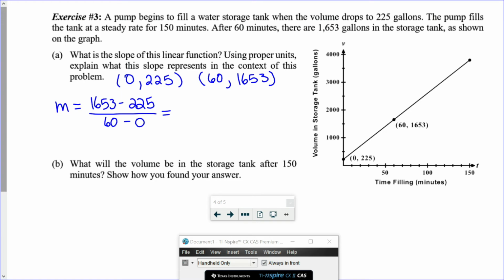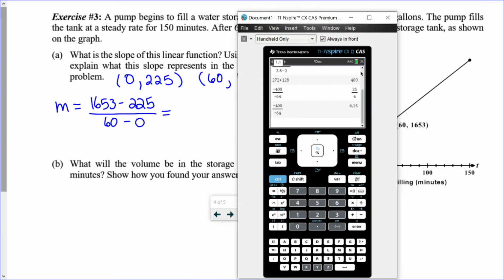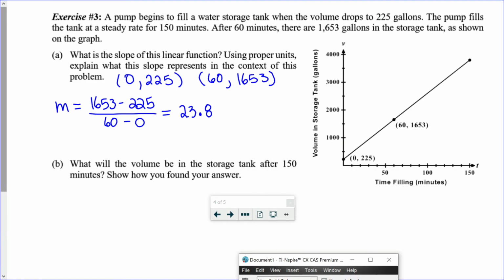Let's bring out our calculator again to get that. I'm going to, again, do it all in one calculation: 1653 minus 225, all divided by 60. And that is going to be 23.8. A little bit messy, that's okay.